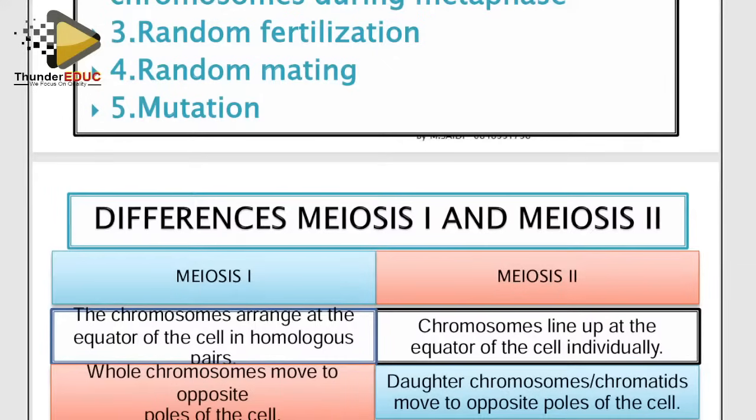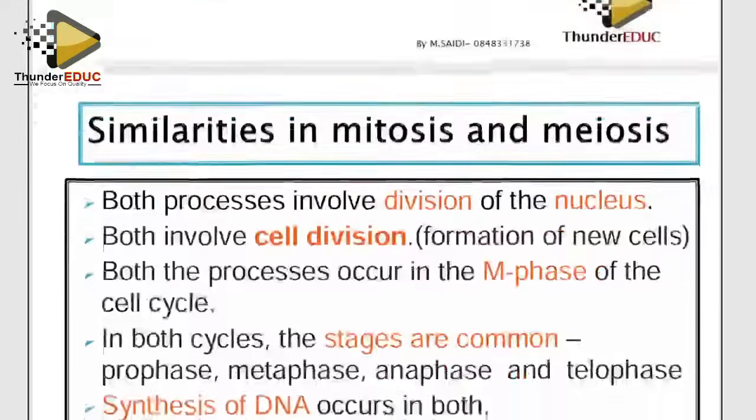Non-disjunction can occur in anaphase 1 and anaphase 2. Yes. And sometimes they bring this cell and then they ask you to explain what is happening based on it. Is it anaphase 1 or is it anaphase 2?